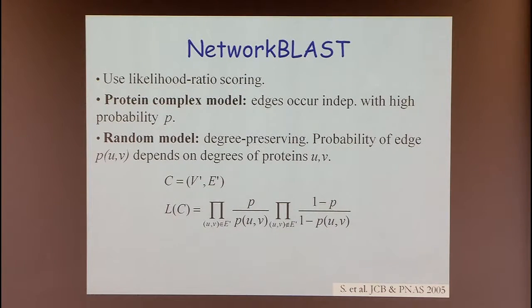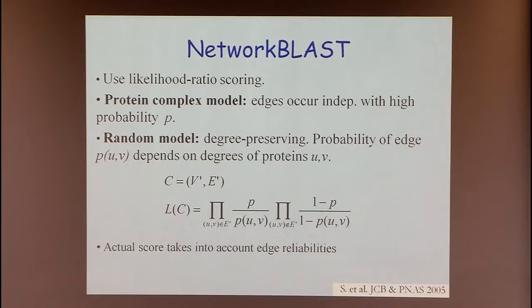The denominator is more or less the same, but instead of having p inside, it has some probability that is derived from the degrees of the nodes u and v. So now we have a measuring rod, a clear objective that we wish to maximize, and if we do maximize it, we have found some set of proteins that is significantly different, depending on its score, from what we would expect at random.